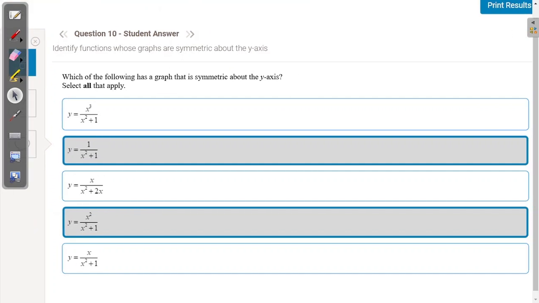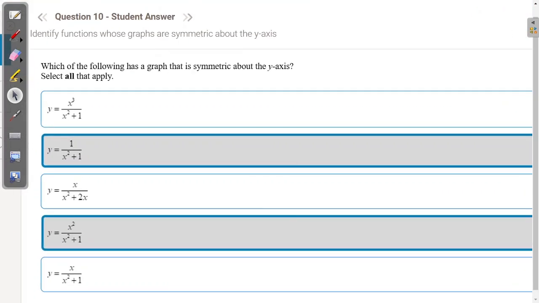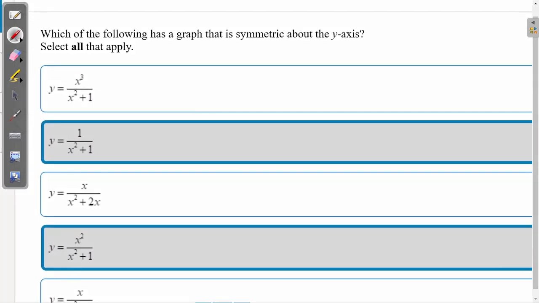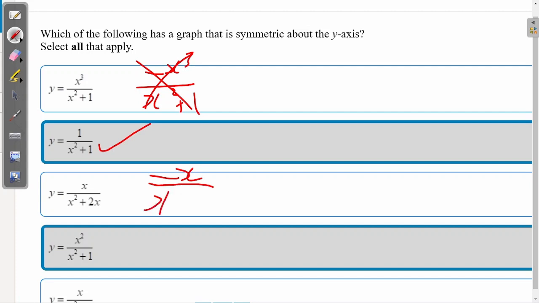Symmetric about the y-axis means even. So if you substitute with the negative, it will be equal. This one, negative x cubed, because it's odd, so it stays. X squared stays. This is not equal, so wrong. 1 over x squared plus 1, x squared stays, so it will stay all the same, correct. X over x squared plus 2x, x becomes negative x over x squared stays minus 2x.